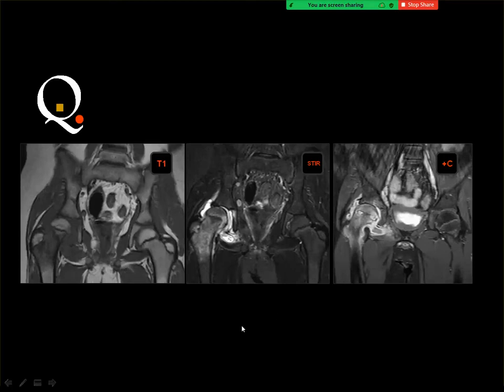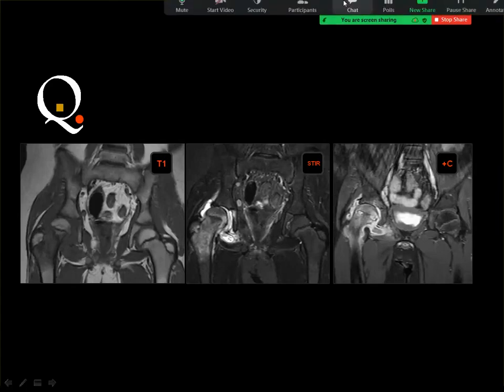This is a child also. You see the capital femoral epiphysis is not yet united with the metaphysis. And in the T1, STIR and post contrast, you got some low signal surrounding the hip joint and high signal in the T2 with some enhancement.